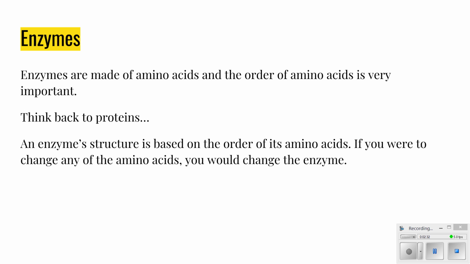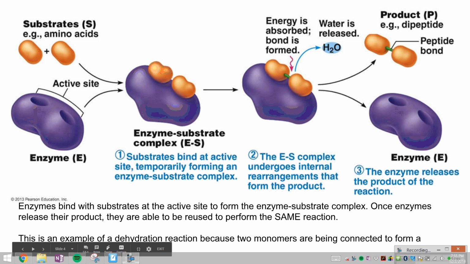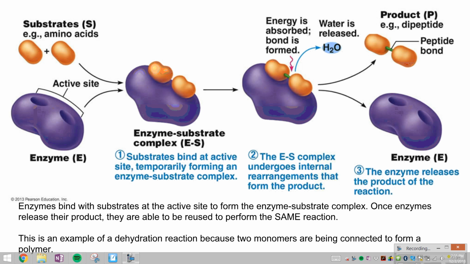Okay? And so we get to this drawing here, this diagram. This diagram does a pretty good job of showing you how an enzyme might react with a molecule. When we take a look at an enzymatic reaction, it's really important to take note of a few things that are going on here.